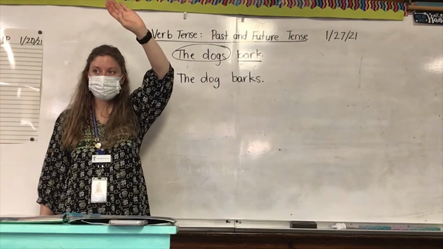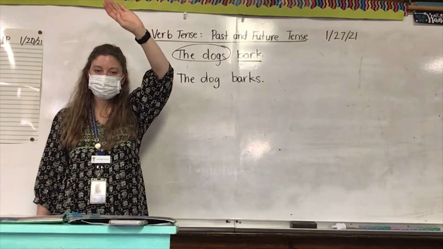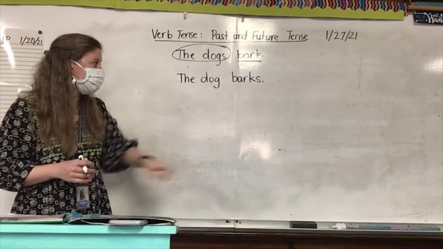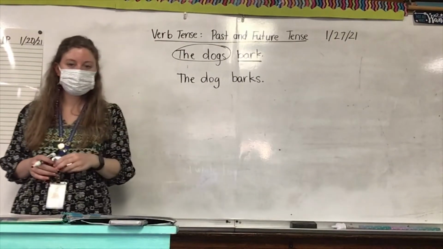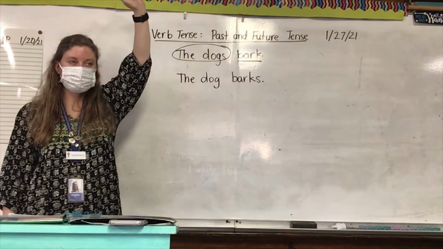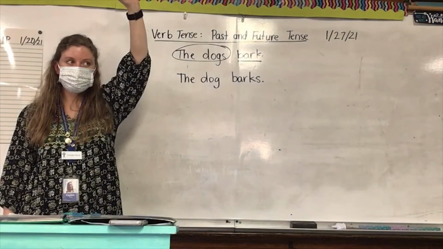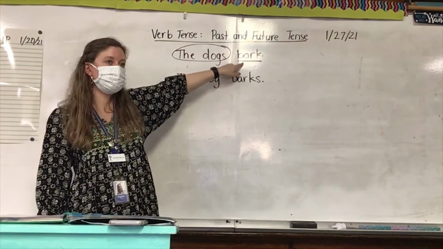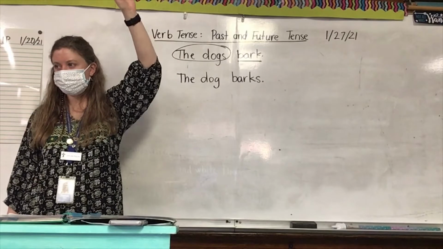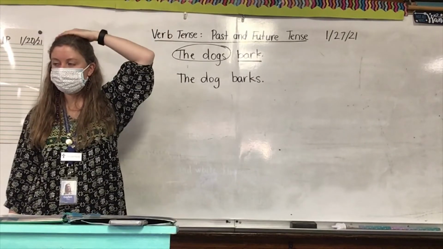What verbs do we add ES to? Colin? Singular subject. So that would mean I'd have to add ES to this. Mason? Plural subject. That would mean I'd have to add ES to this. Is this a guess or do you know the answer? Kingston?